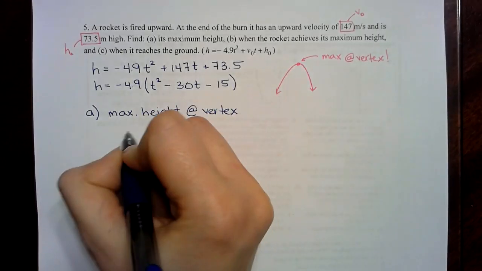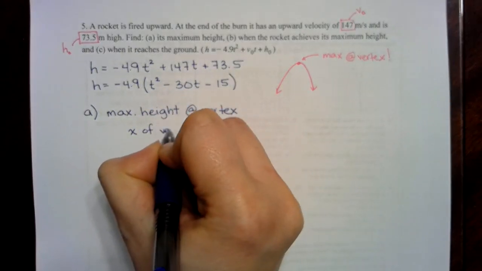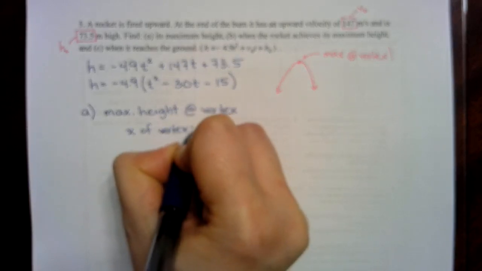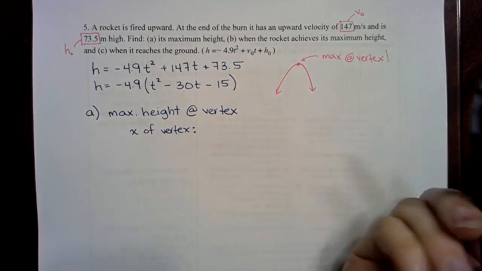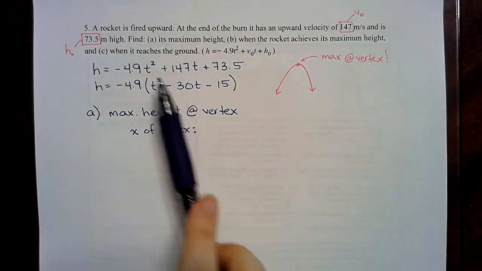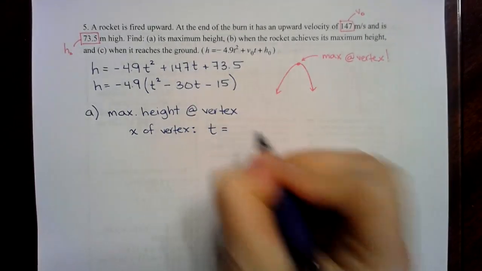So let's start by finding the x-coordinate of our vertex. Now I'm not going to write x equals because I actually don't have x's in my formula. I have t's. So I'm going to write t equals.